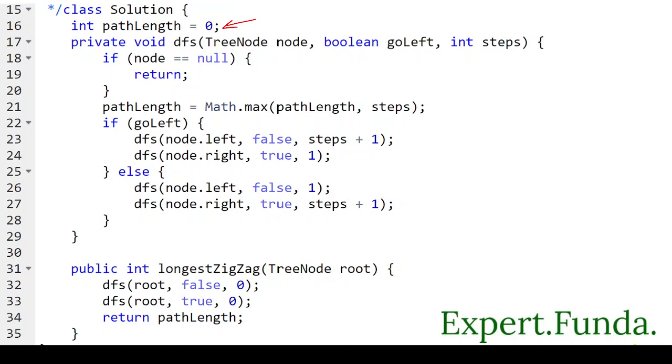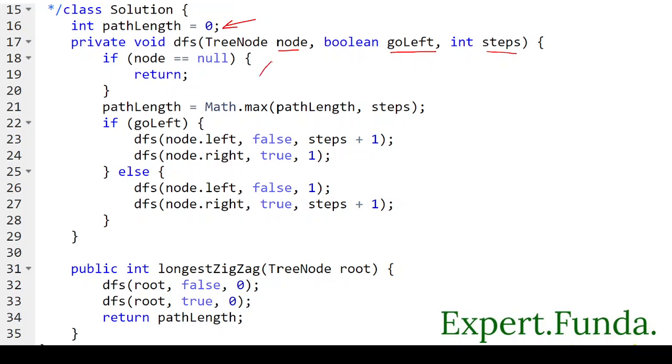that will indicate whether we should go left for the continuation of the zigzag path, and a step, which will store the length of the zigzag path so far. So as you can see, we have a DFS, and it will take the node, then go left and its step. First we'll check it should not be null, and we'll return here.